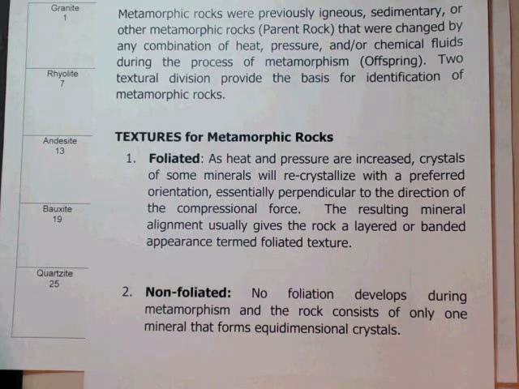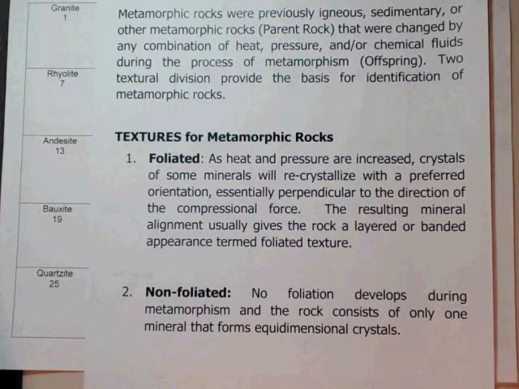So it's pretty uniform crystals. Sometimes the crystals look kind of fused together because of that extra heat and pressure. When we talk about the non-foliated textures of our metamorphic rocks, we always talk about the parent rock. So what was the rock to begin with, and then how did it look as an offspring.